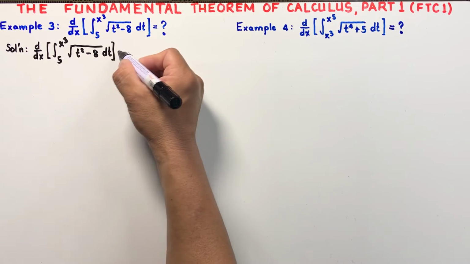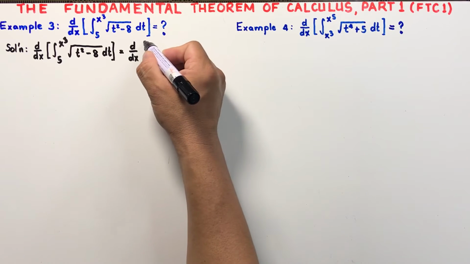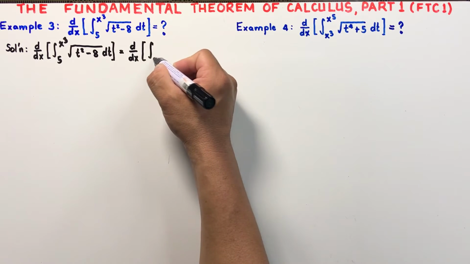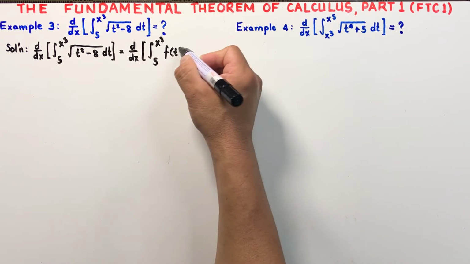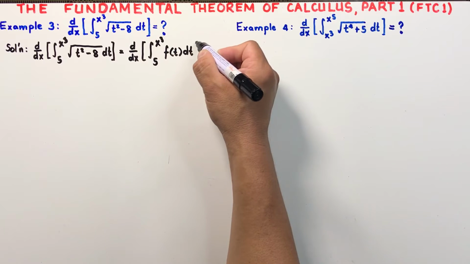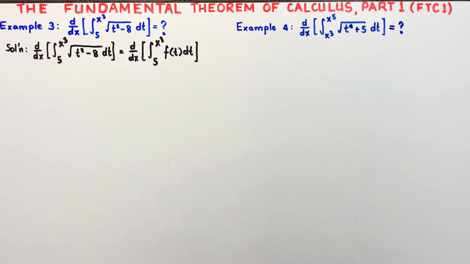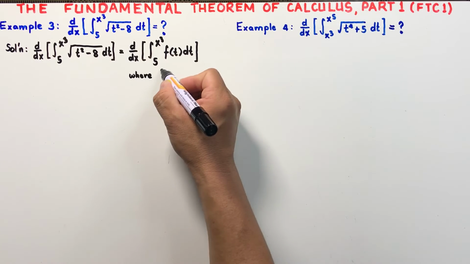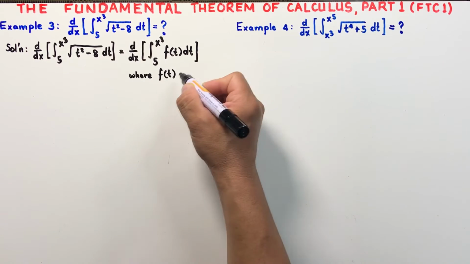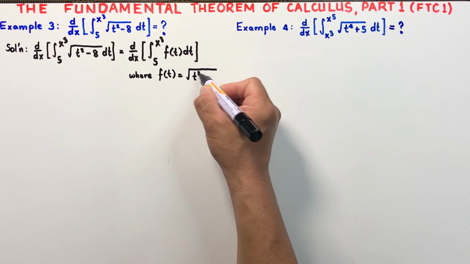But this one is just the derivative of the integral from 5 to x cubed of our function small f of t dt. So instead of writing the function, we'll just write this as our small f of t, where our small f of t is equal to the square root of t squared minus 8.